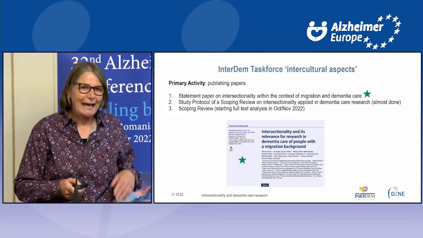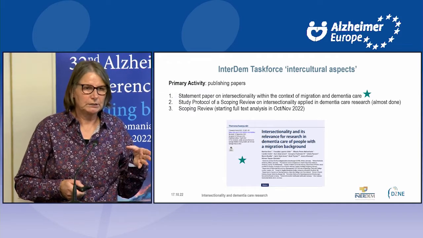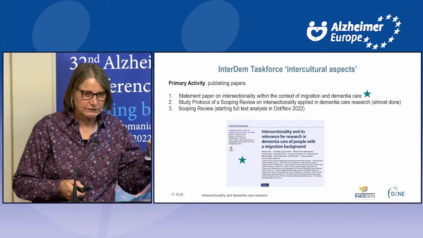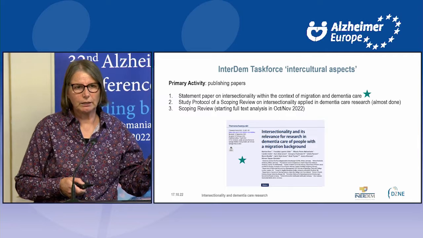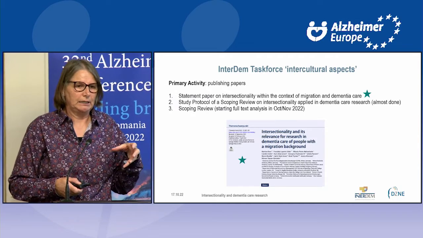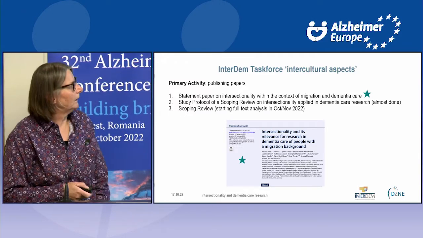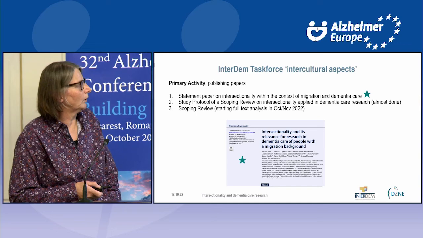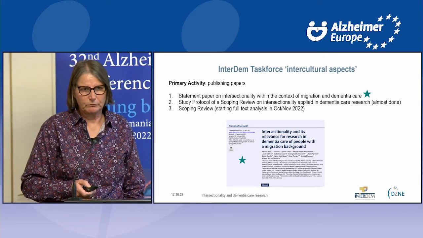The gap is primarily that we have boxes where we put people in, and then we talk about the boxes, but we're not talking about the relationship of these boxes within and the construction of these boxes and what that may mean. So we are preparing the study protocol, and at the moment we are doing the scoping review.